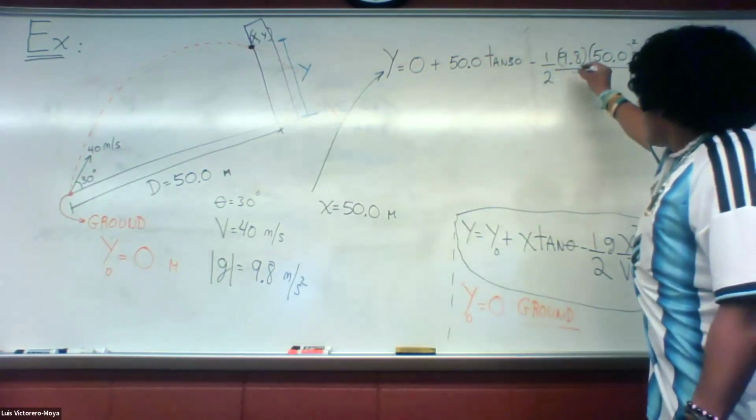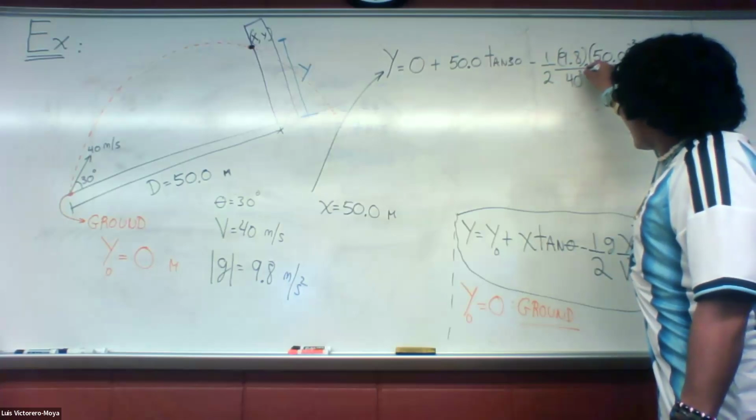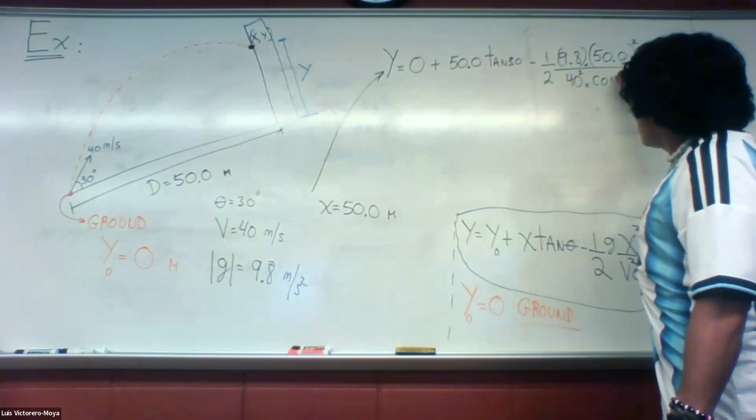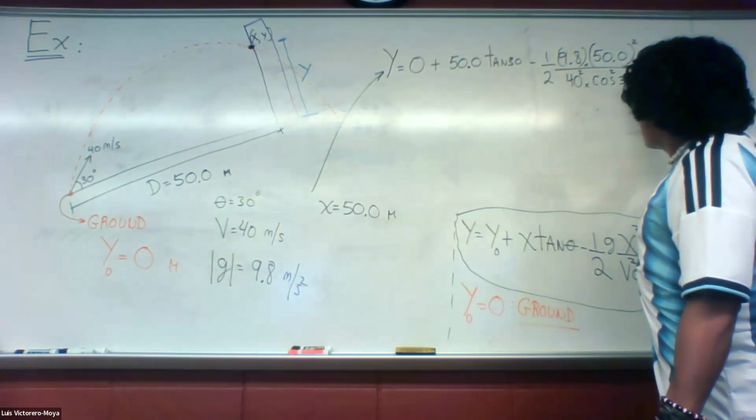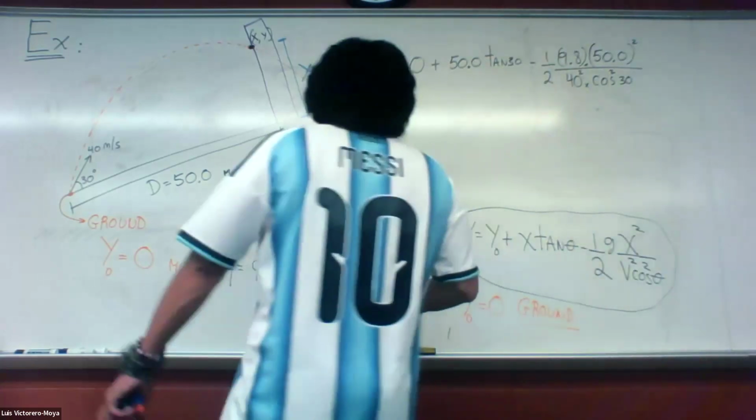So that's 40 squared times cosine squared of 30. There you are.